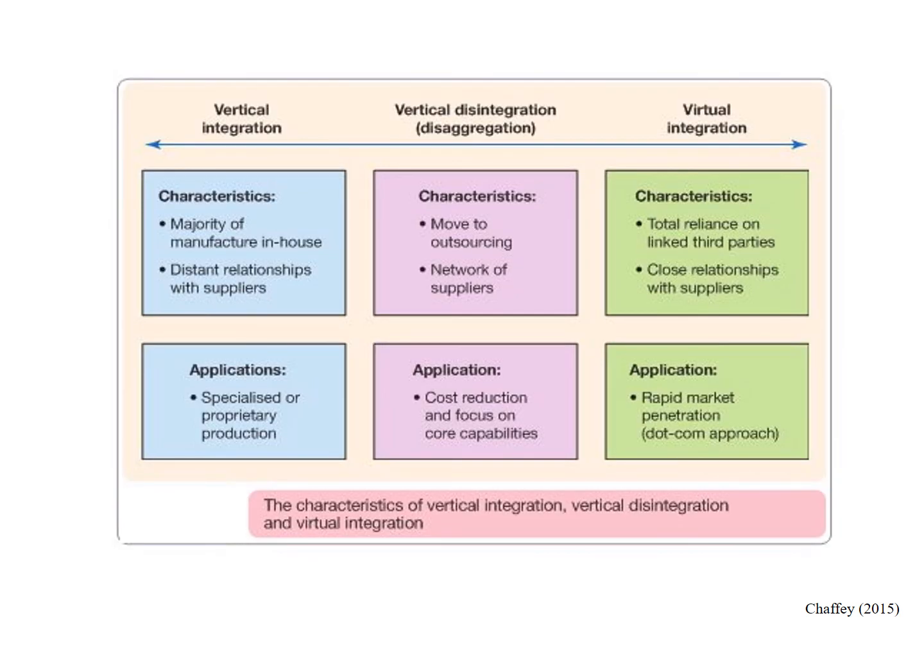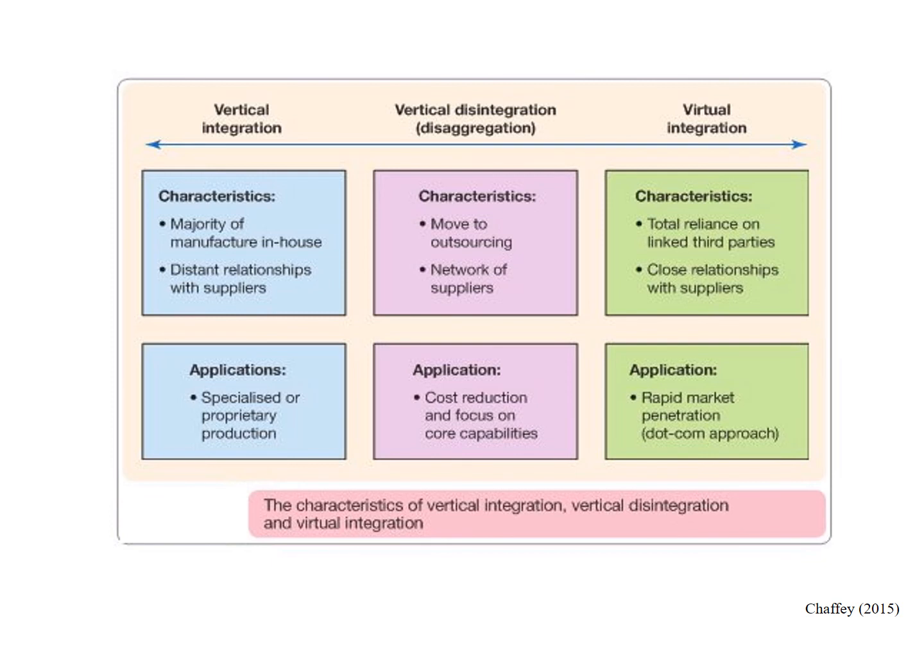Here we can see vertical integration, vertical disintegration, and virtual integration. In the blue, vertical integration: the characteristics are majority of manufacture in-house, distant relationships with suppliers, and applications in specialized or proprietary production.